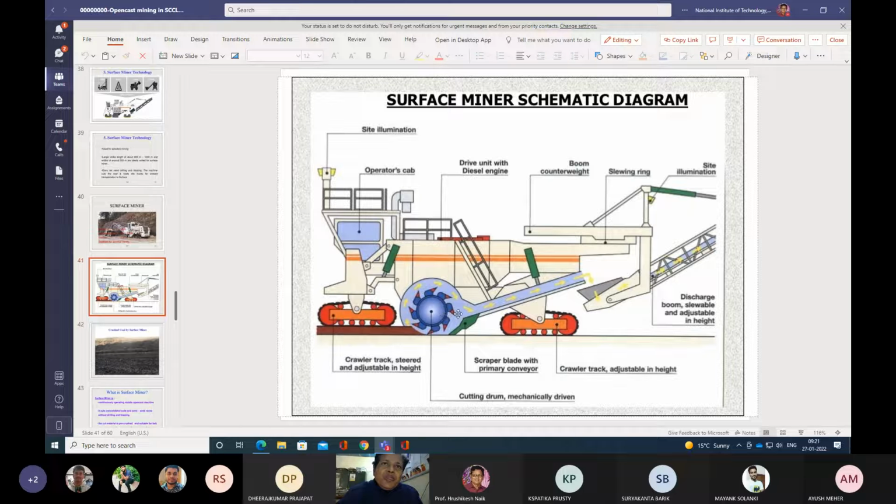And therefore the material is obtained after cutting the material.